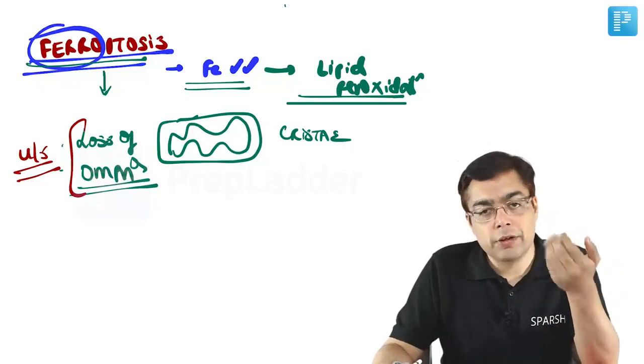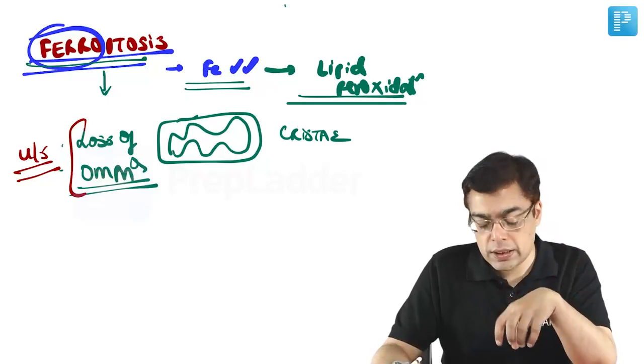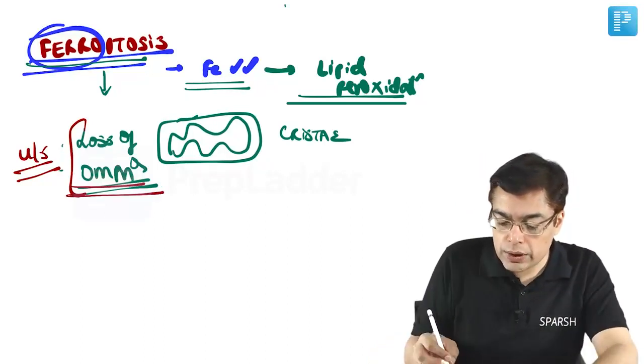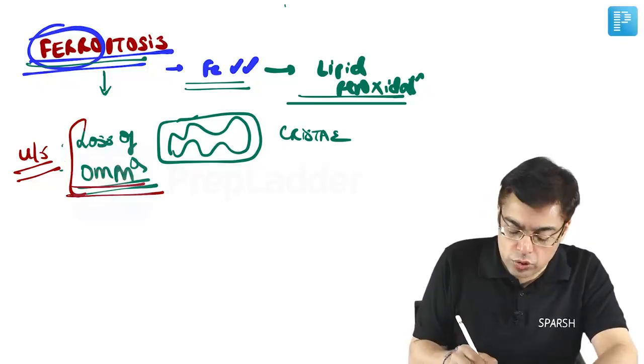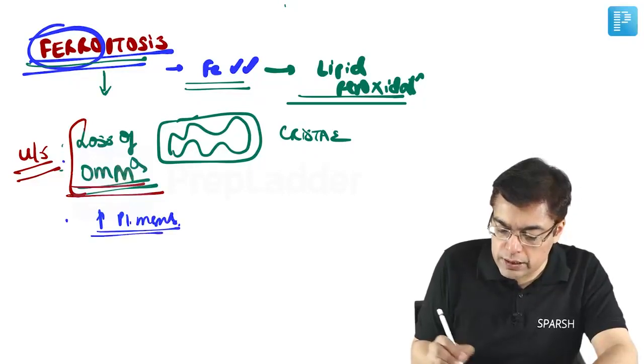So: iron dependent pathway, formation of free radicals because of lipid peroxidation, damage to the mitochondrial cristae, as well as damage at the level of the outer mitochondrial membrane. This is what is going to be responsible for causing an enhancement in the permeability. When there is an enhancement in the permeability of the plasma membrane, this contributes to the death of the cell.